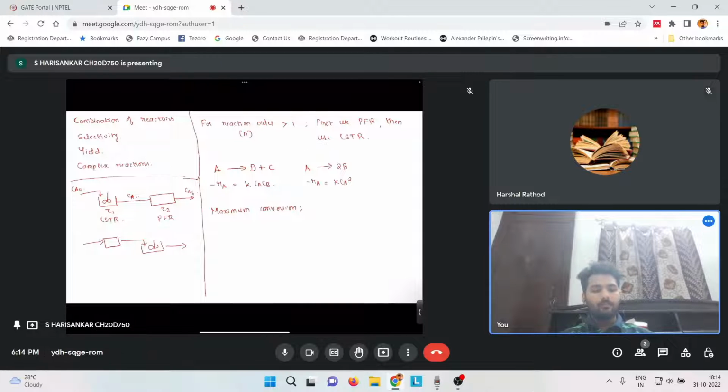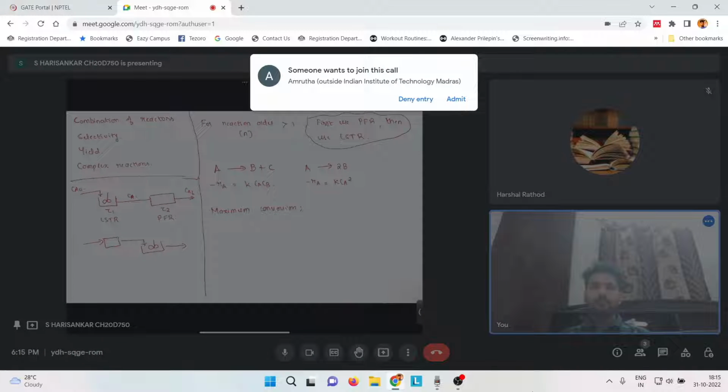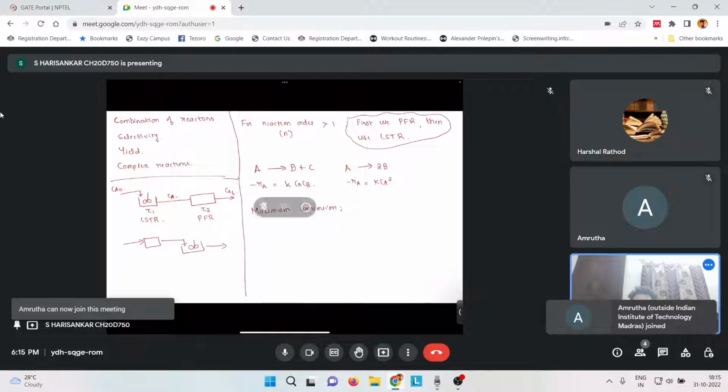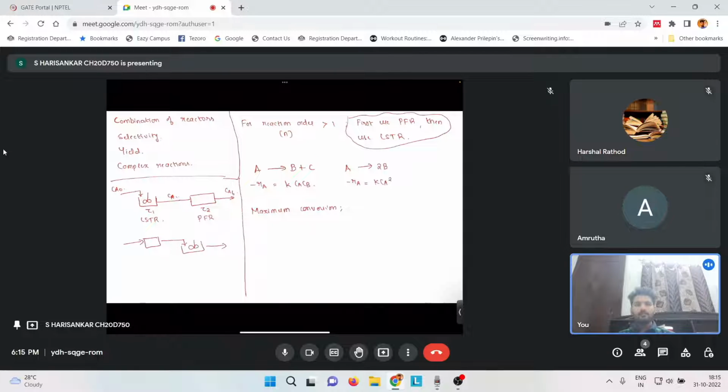For that, we have to first use PFR, then it should be followed by CSTR. So if your reaction order n is greater than 1, first a PFR should come, followed by a CSTR, and this will give you the maximum conversion for reactions of order greater than 1.